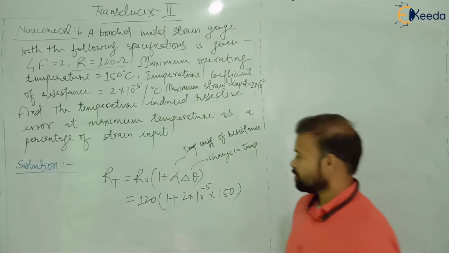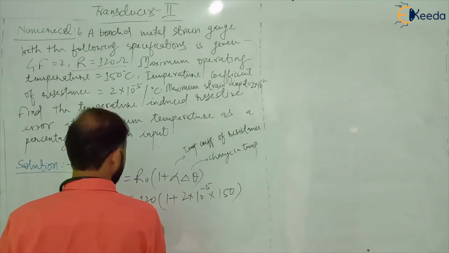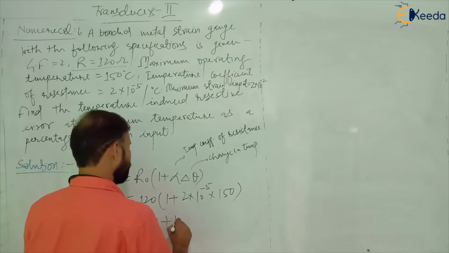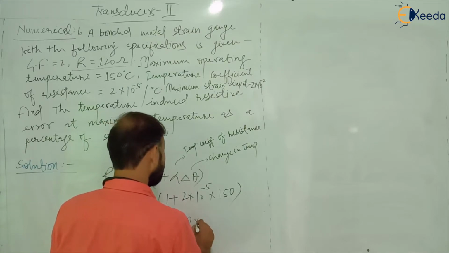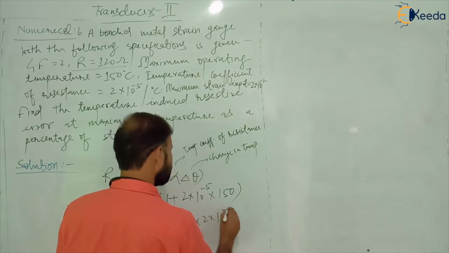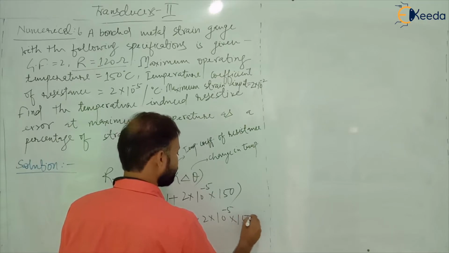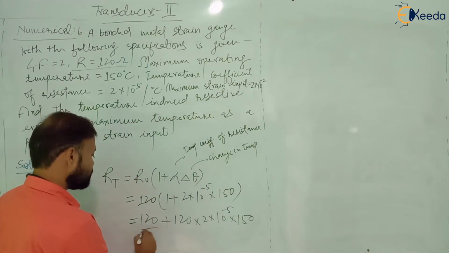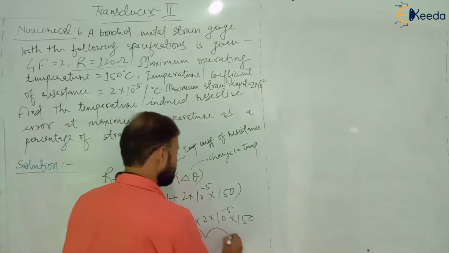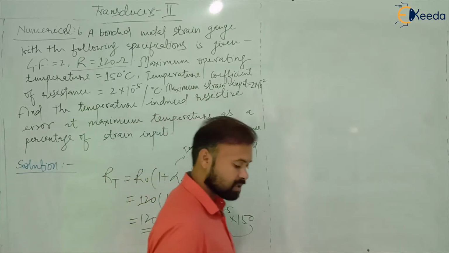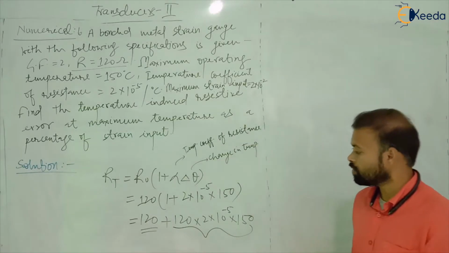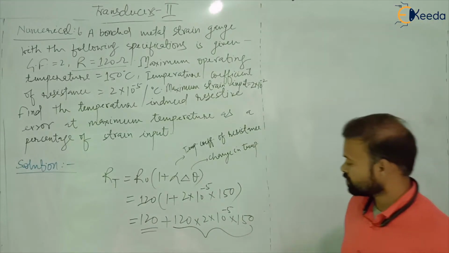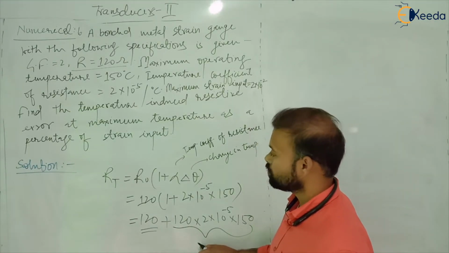Okay, so it will be equal to 120 plus, opening the bracket, 120 into 2 into 10 to the power minus 5 into 150, right? So this is your initial resistance. This resistance is coming due to your temperature effect. Now this will be resistance change due to temperature.